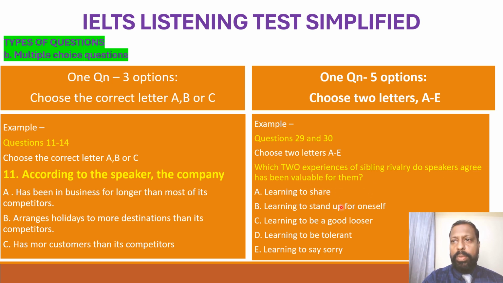So definitely it comes from part three narration, because the speaking is related with some academic content. Now you see the question here, which two experiences of sibling rivalry do speakers agree have been valuable for them. So what you need to guess here?